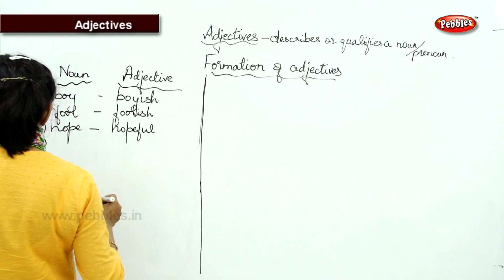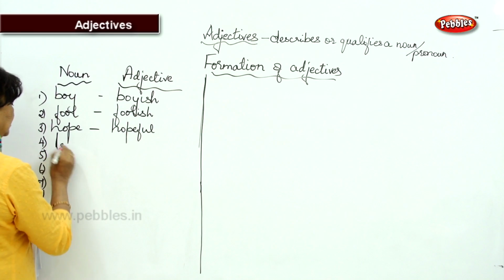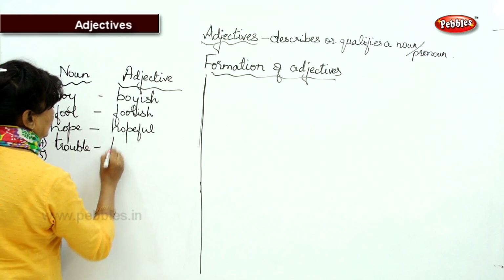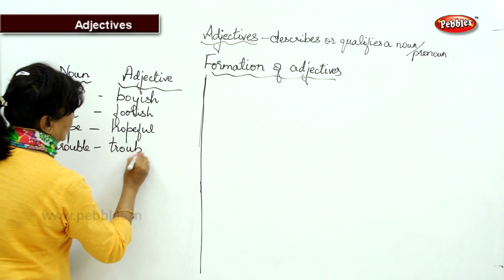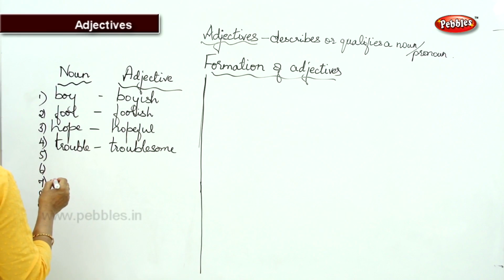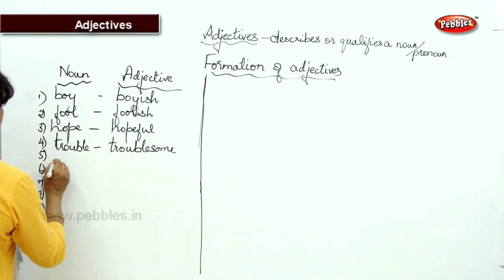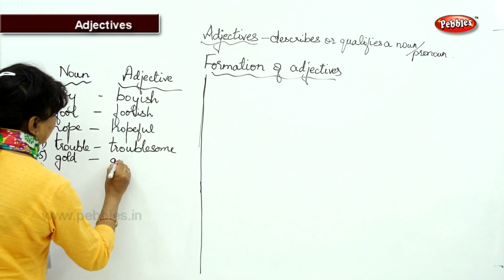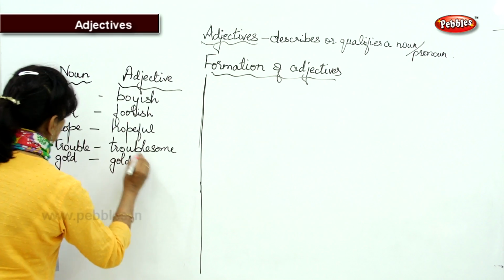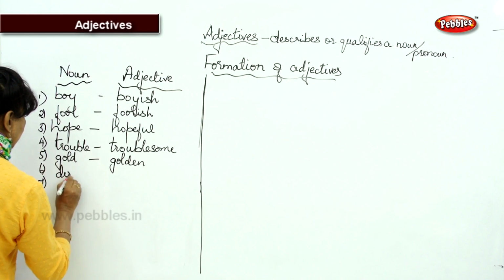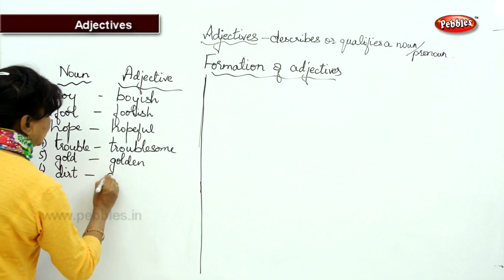Next word, trouble. Troublesome. Next word, gold. Golden. Dirt, dirty.